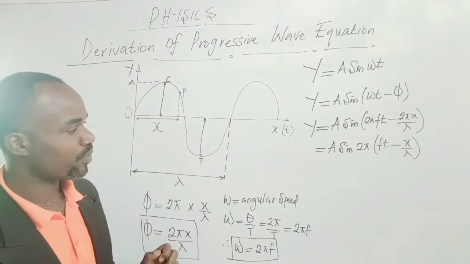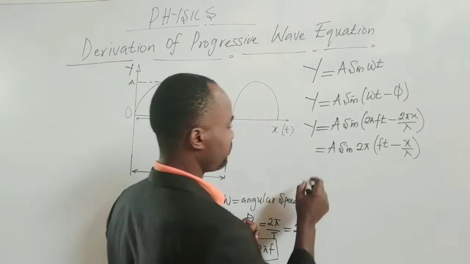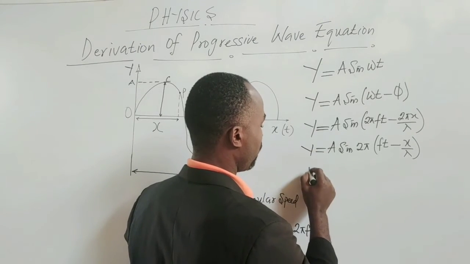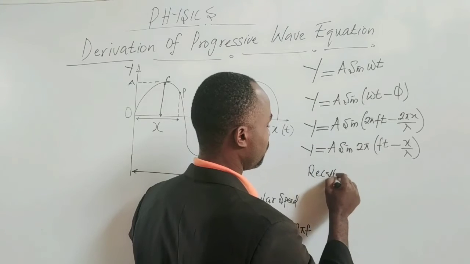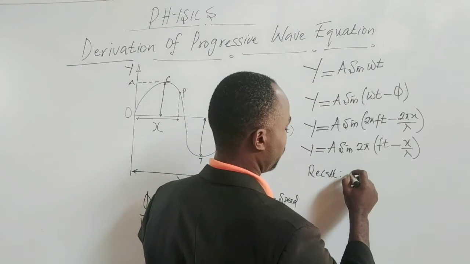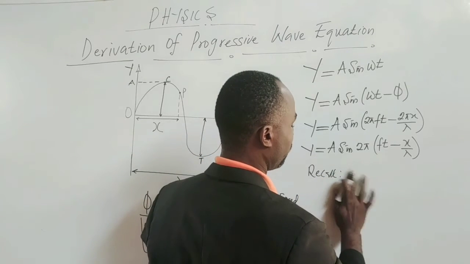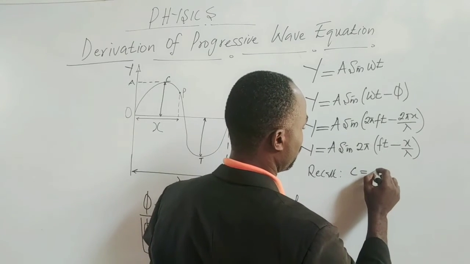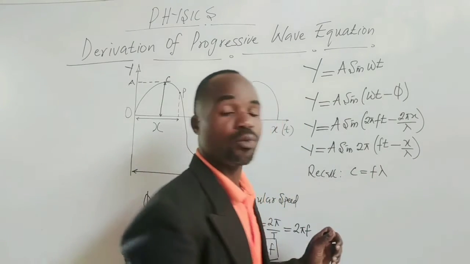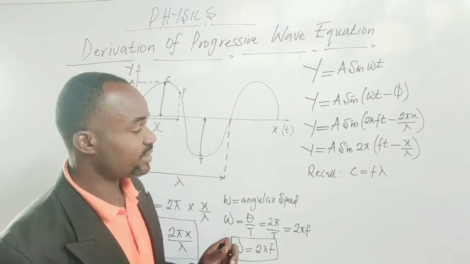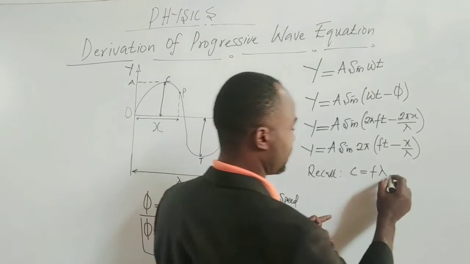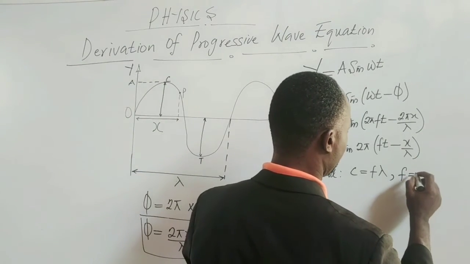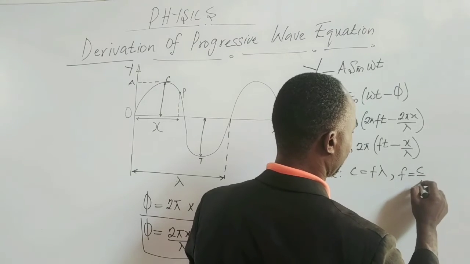Now we need to recall that the speed of light, c, is equal to the product of frequency and wavelength. So from there we can get that frequency is also the speed of light over wavelength.